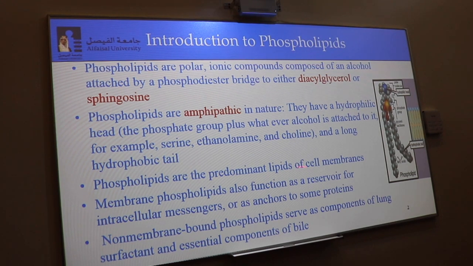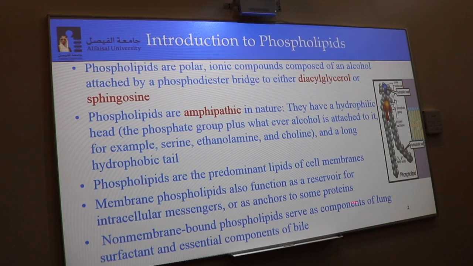So the phospholipids are an important component of cell membrane. They also play another function, which is as intracellular messenger. And they can be attached to other proteins in the cell membrane. The non-membrane bound phospholipids are an important component of lung surfactant.